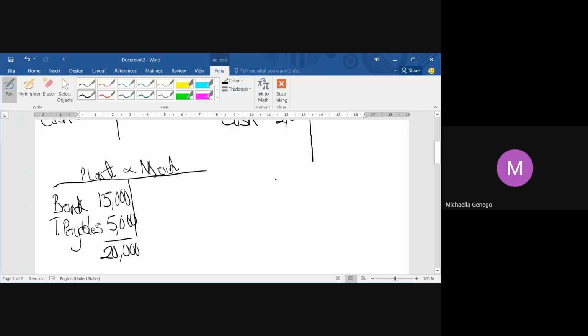Get your calculators and let's move on. Please check the balances for me. You would add everything. When you add, leave one line after the 5,000 before you write the balance.